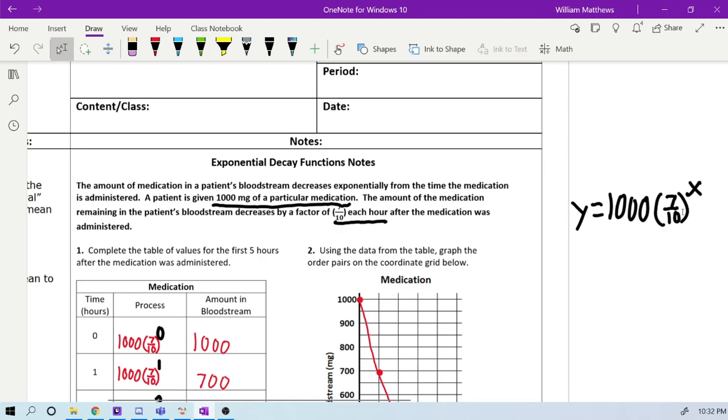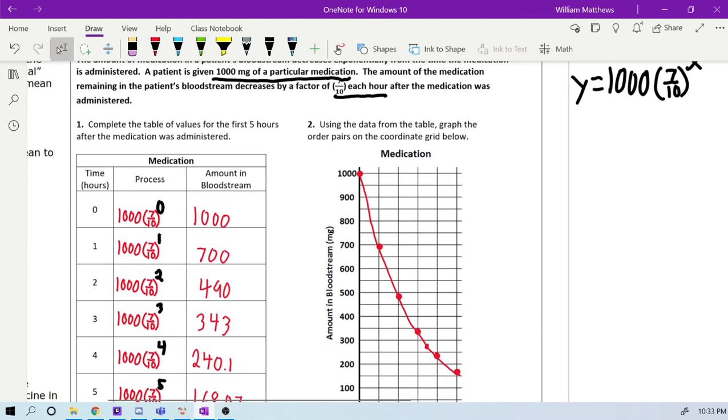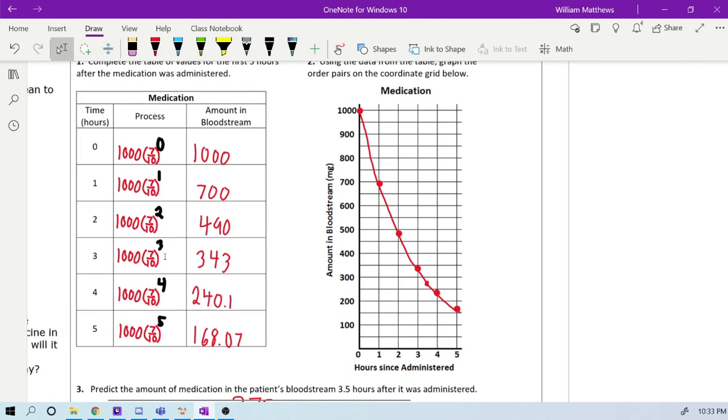So in this case, the 7/10, each time that we change x. So for every one of these, I'm multiplying by another factor of 7/10. And that's how I get each one of these values, and that's how I set up the graph.